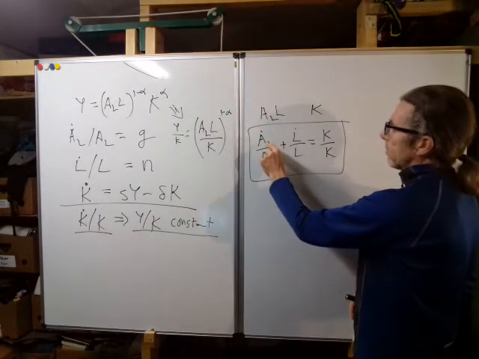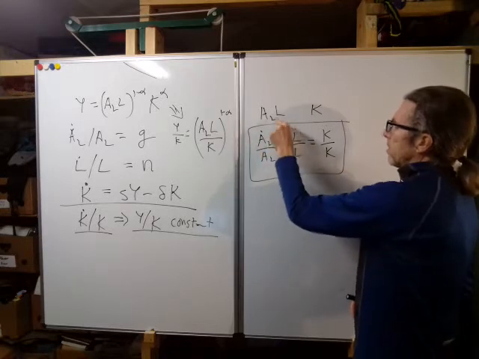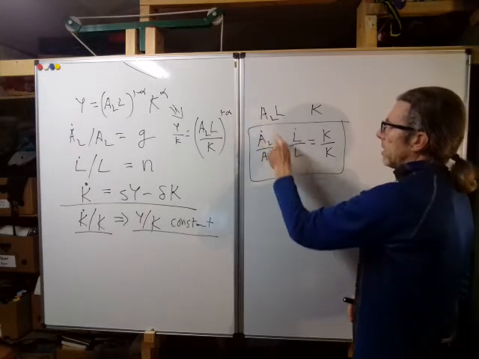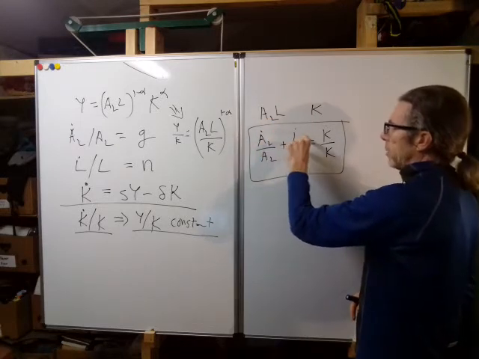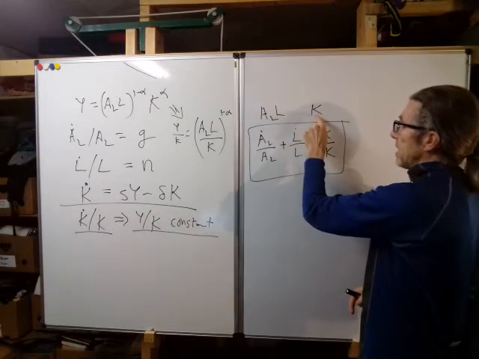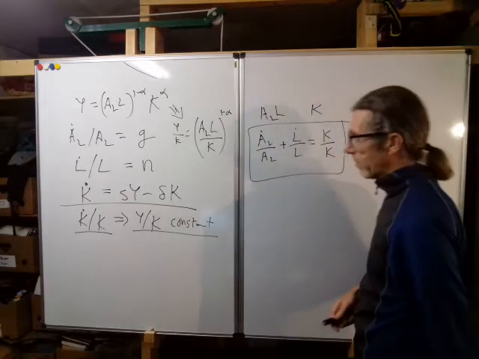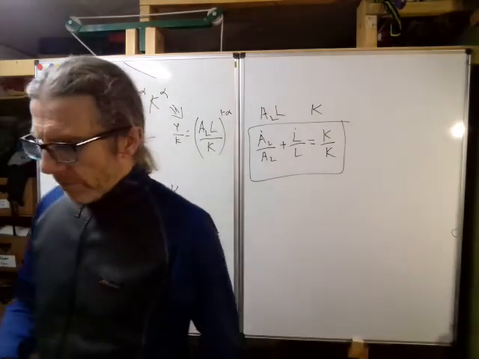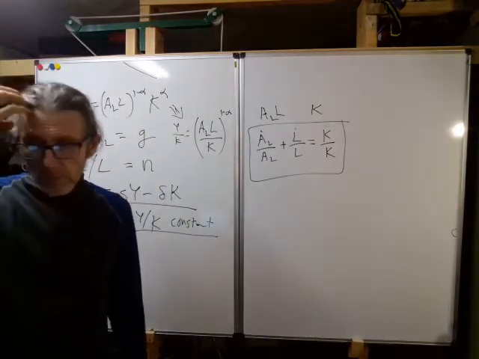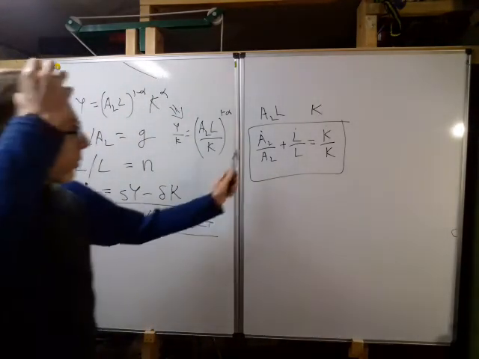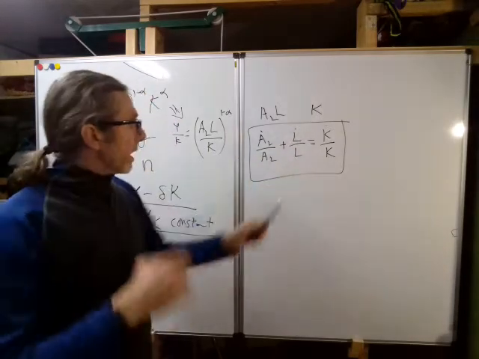So the growth rate of AL is the growth rate of A plus the growth rate of L, and that's equal to the growth rate of K. So that tells us what's going on in balanced growth.